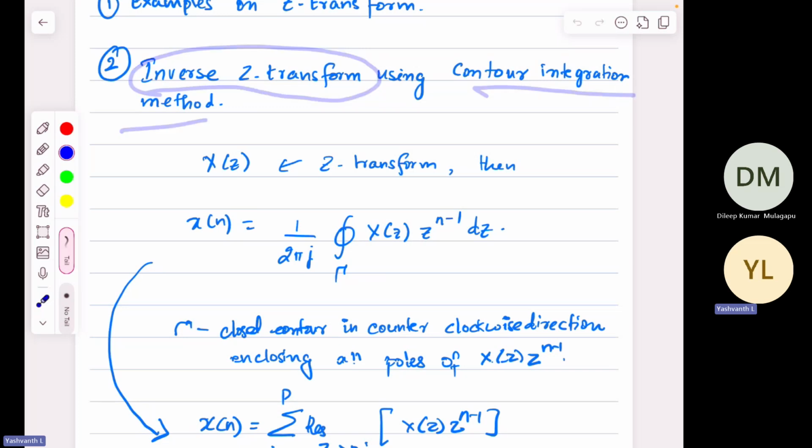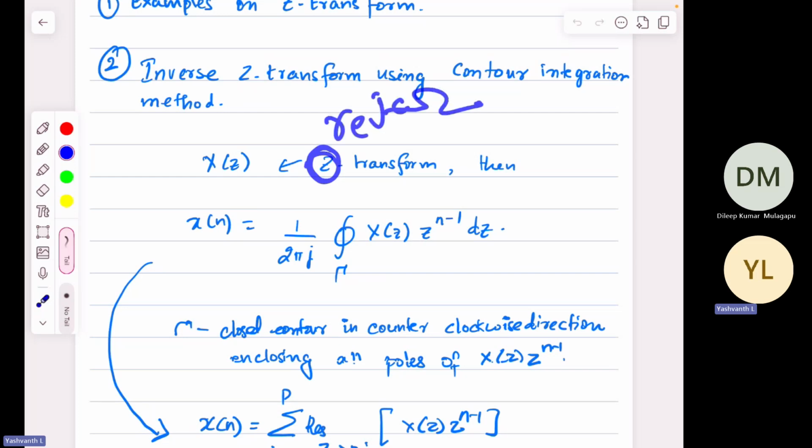So contour integration is a method which is basically used for analytic functions, or very informally what is called a complex function. So recall that Z transform is a complex function because Z variable is a complex variable, right? So r e power j omega is basically Z. That means the Z variable in the Z transform is a complex number.